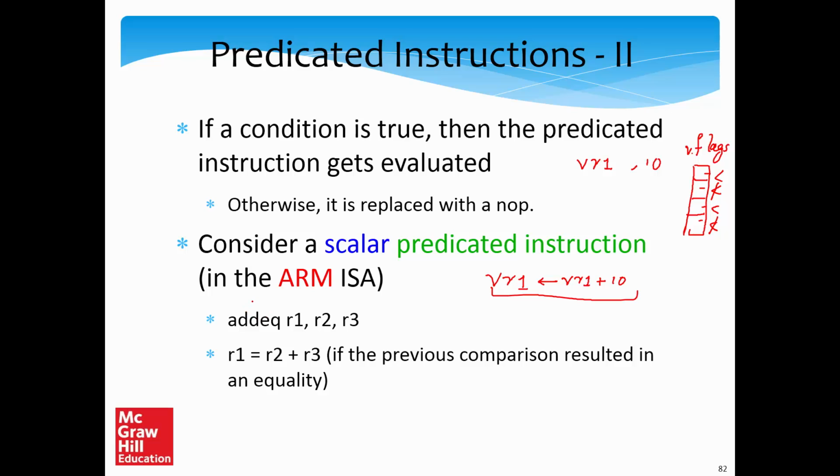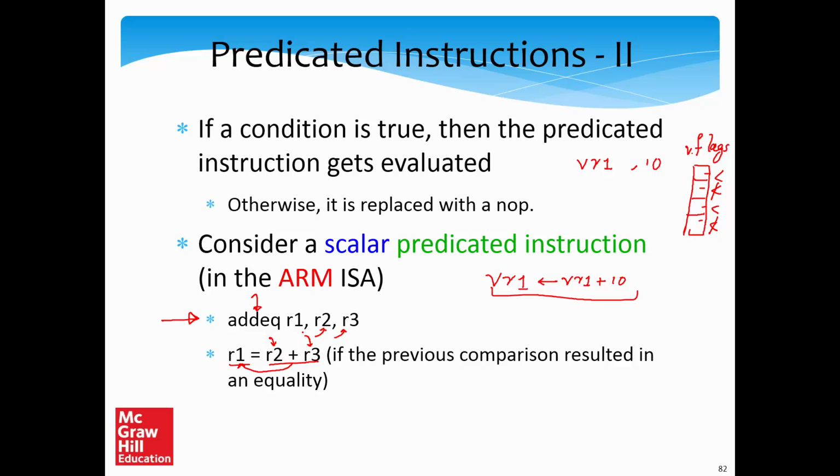So what we can do is take some inspiration from the ARM ISA, which had similar predicated instructions. So let's first see what happens in ARM. We had an instruction in ARM called add EQ, or add equal. The add EQ instruction took R2 and R3, added the contents of R2 and R3, and saved the result in R1, right?